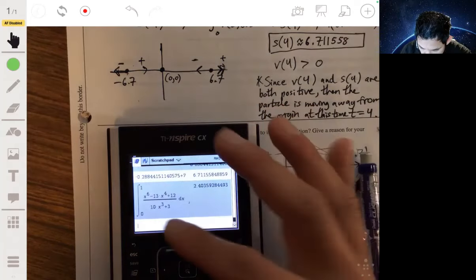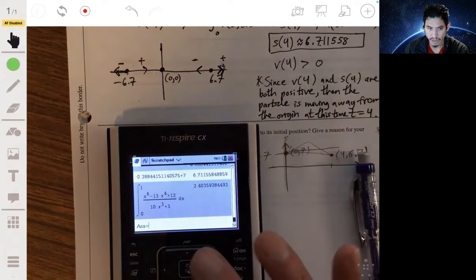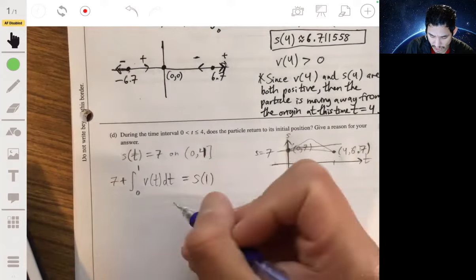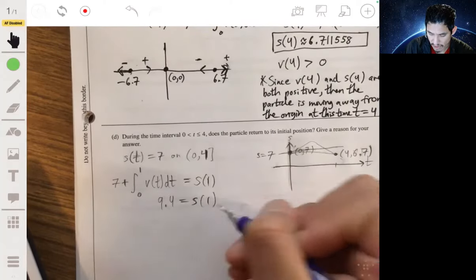That's not correct. I must have messed up. Oh, no, that's correct. This plus 7 is 9.4. So 9.4 is the position at s of 1.